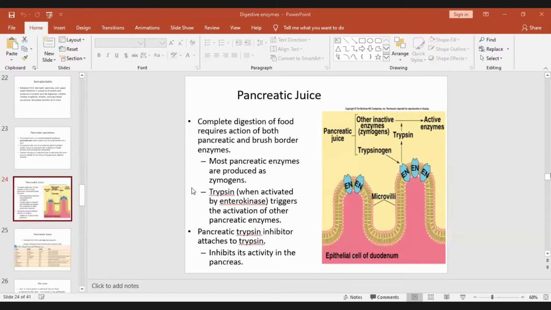In pancreatic tissue there is also pancreatic trypsin inhibitor. It inhibits the erroneous activation of trypsinogen.